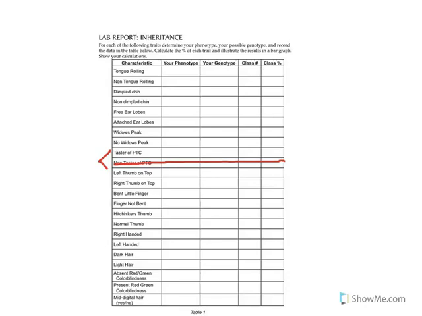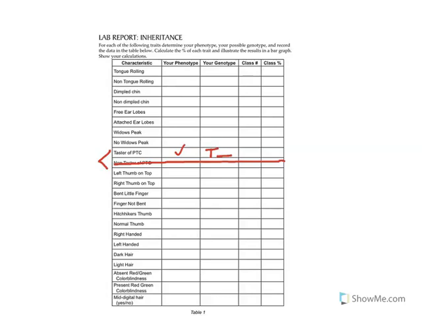I'm a taster of PTC, so I X'd out the non-taster, and I put a check: yes, that's my phenotype, taster of PTC. Remember that I didn't know exactly what my genotype was. I could be either homozygous dominant or heterozygous. I'm not sure which allele went in the second spot, so I'm going to put an uppercase T and then a blank because I don't know which allele goes there. But I know I have that dominant allele since I tested for PTC.